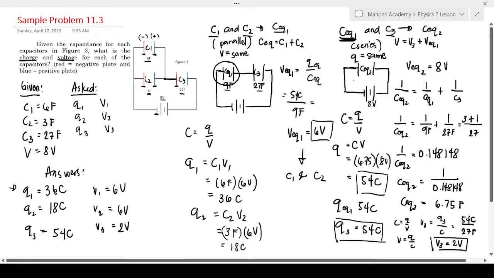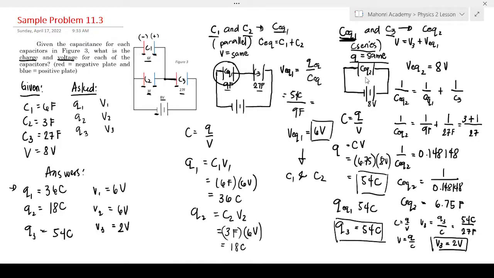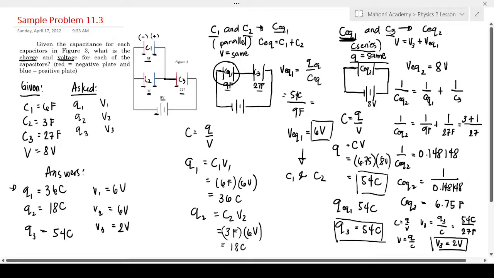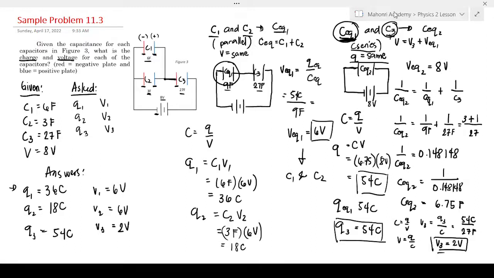And by doing so, you are now creating a series, which then you have to create the equivalent capacitance for. And from the principle that we know, since this is a series, the Q are all the same. So by measuring the Q for our CEQ2, you measure the Q for C3 and CEQ1. And by measuring the Q for C3, you can measure the volts of C3.